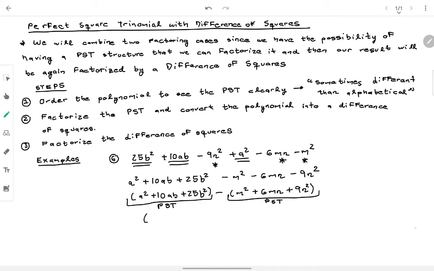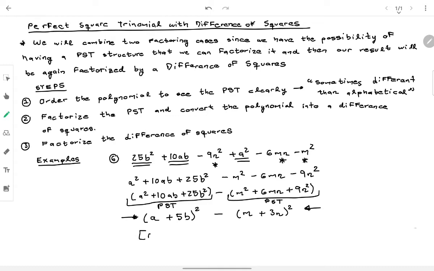Why? Let's check. If I get the square root of the first one and the square root of the third one, and I multiply them by 2, I will get the middle term. Then on the second parenthesis, the square root of the first one and the square root of the third one, if I multiply those by 2, I get the middle term. So in this case, this one is a difference of squares.